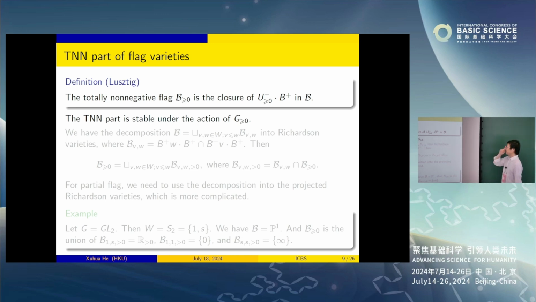And again, how do we understand this? One thing I want to point out is that considering the closure for semi-algebraic varieties in general is very complicated.